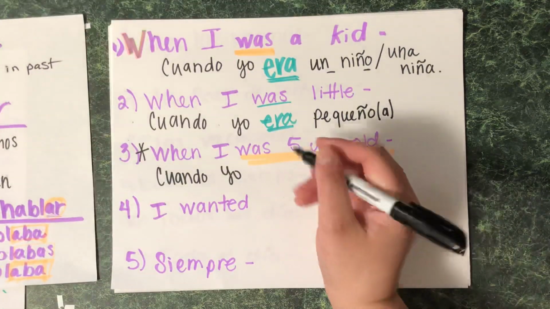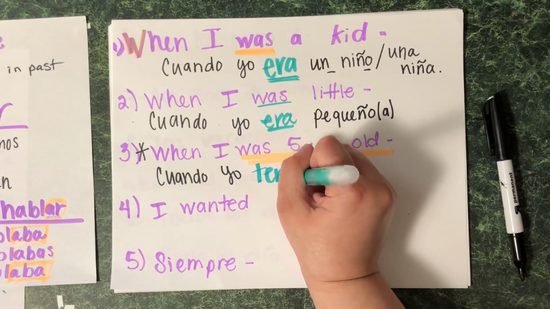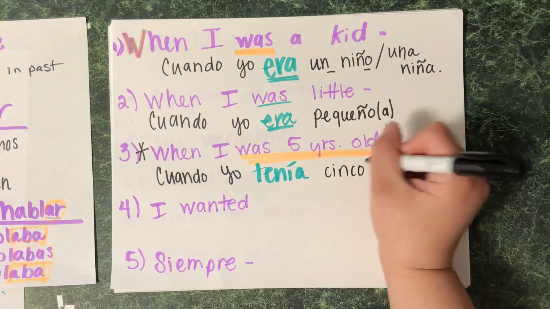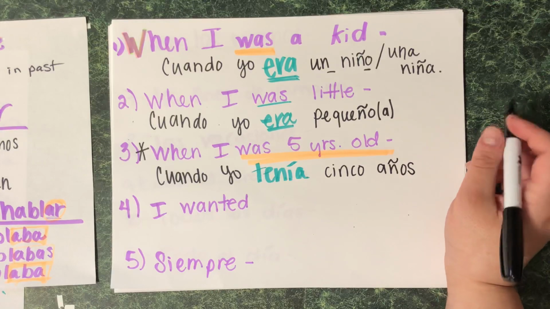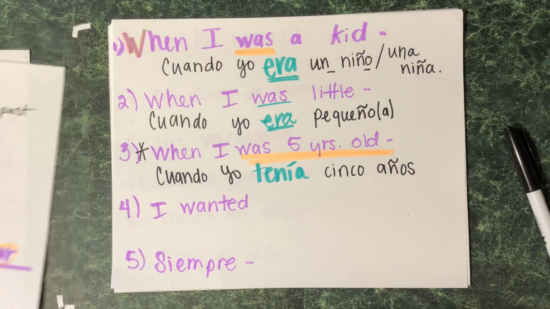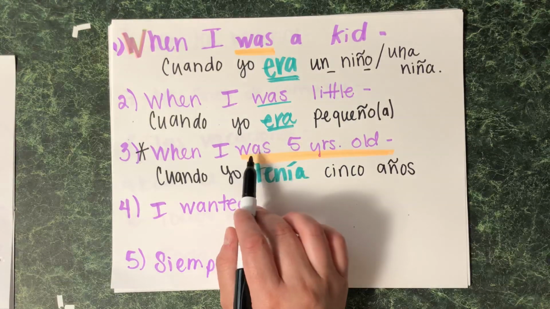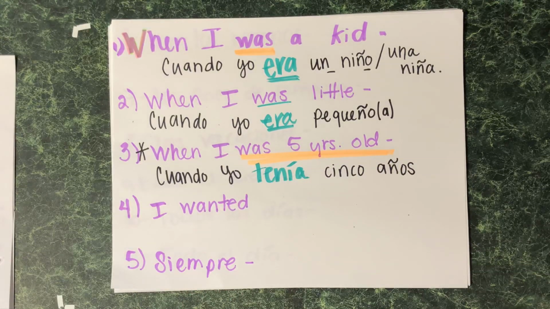So cuando yo tenía 5 años, when I was 5 years old. Make sure that you put your squiggle, okay? You know how picky I am with that, because it changes the meaning of the word. Now, if you printed out the notes, make sure that you highlighted was 5 years old. Highlight all of this, so it catches your eye.